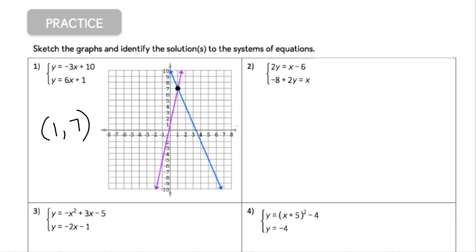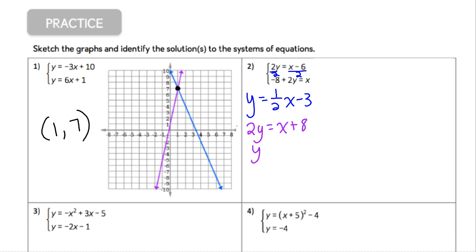This second set of equations, we have, again, two linears, but they're not in a great form to graph. So hopefully you took an opportunity to rewrite them in a way that made them easier to graph. So this one would be 1/2 x minus 3. And the second one, I would have to rearrange. I would start by adding the 8, so I would have x plus 8.